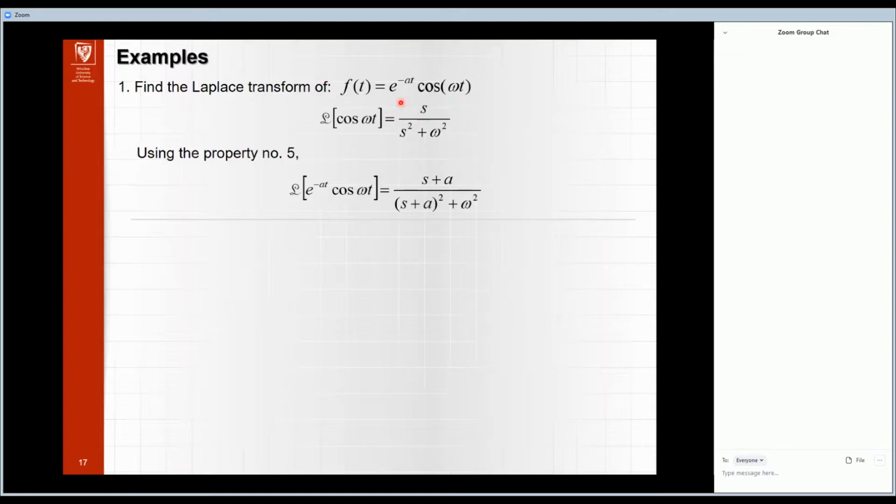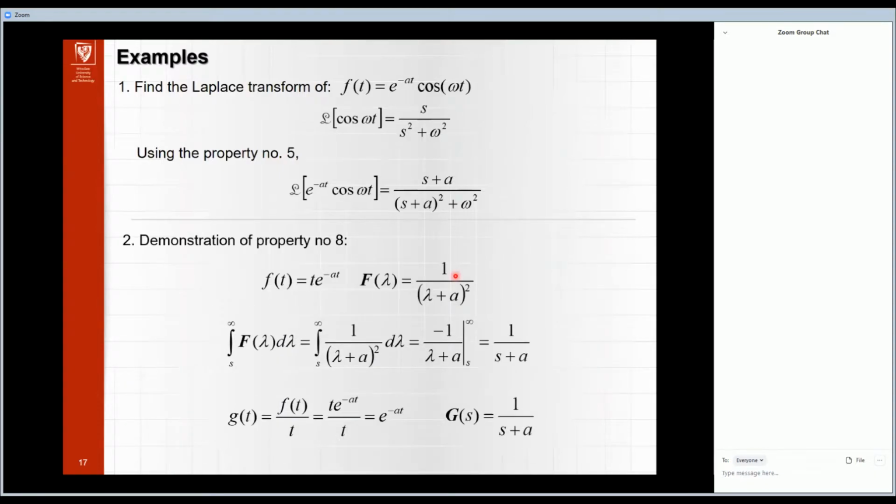So we know here about the cosine and about the properties, and when we combine this one and this one, we obtain these results. And so property number 8 is the division by t.